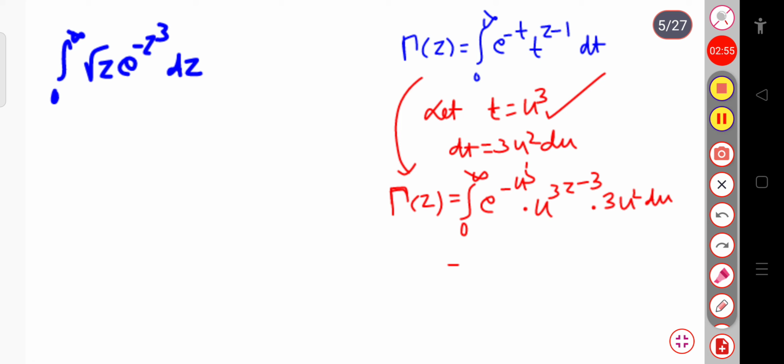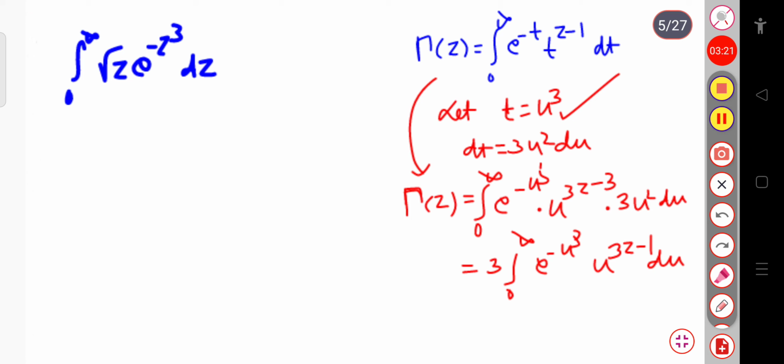Now multiplying, we can write this is equal to 3 into integration over 0 to infinite exponential minus u cube, u power 3z minus 3 plus 2, that will be 3z minus 1, into du. Here in the expression we need only the term exponential minus z cube into root over z dz.